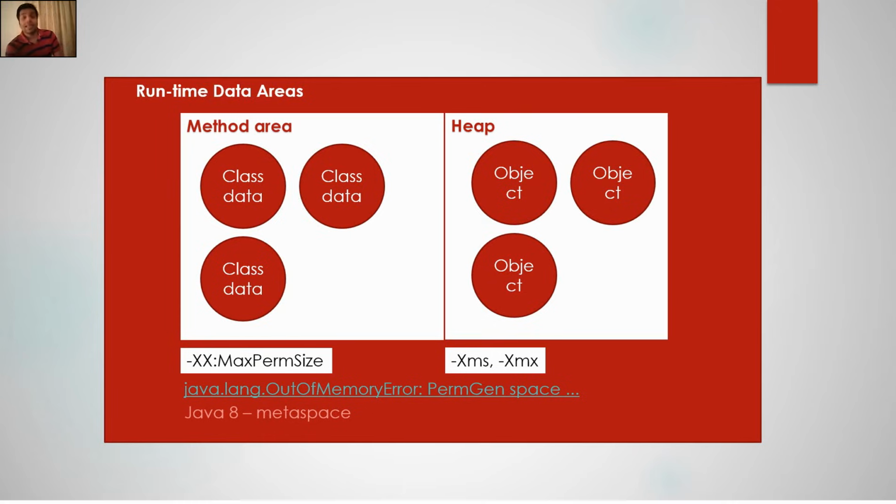The method area is the place where class data, the metadata corresponding to the class, is stored. A lot of APIs in the Java Reflection API for class inquire data in the method area. So you have the static variables, you have the bytecode, you have the class level constant pool. Everything is stored in the method area.